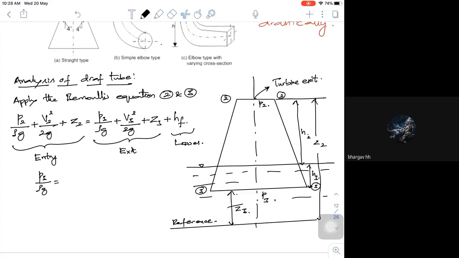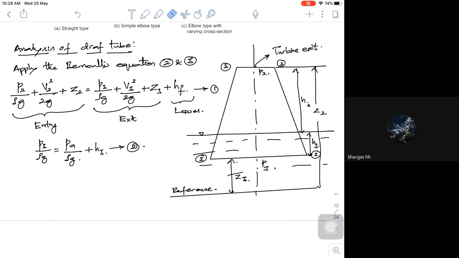P3 by rho g is equal to the atmospheric head plus your H3. Fine. So if I call this as equation number 1, let me call this as equation number 2. Instead of calling H2, let me call this as H.